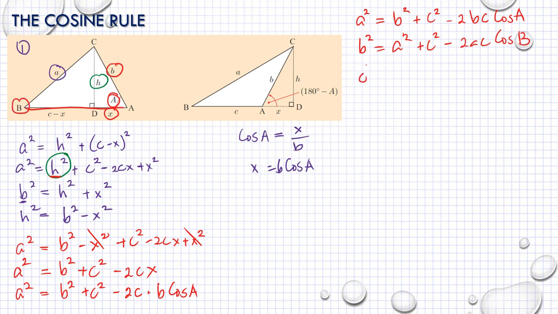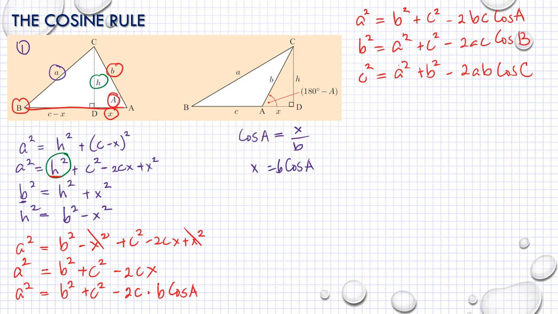Okay, and then if we want to calculate the length of the side C, we have A squared plus B squared minus 2AB, not BC, 2AB cosine, the opposite, C.